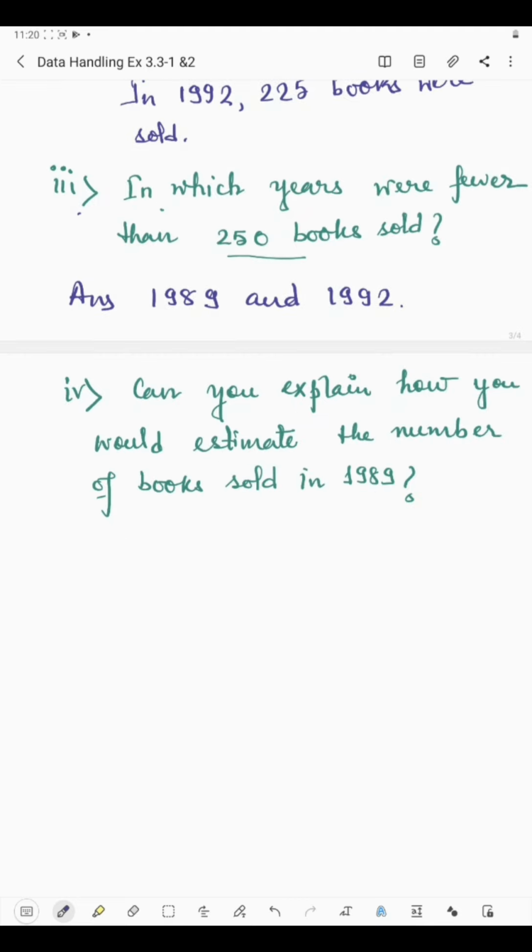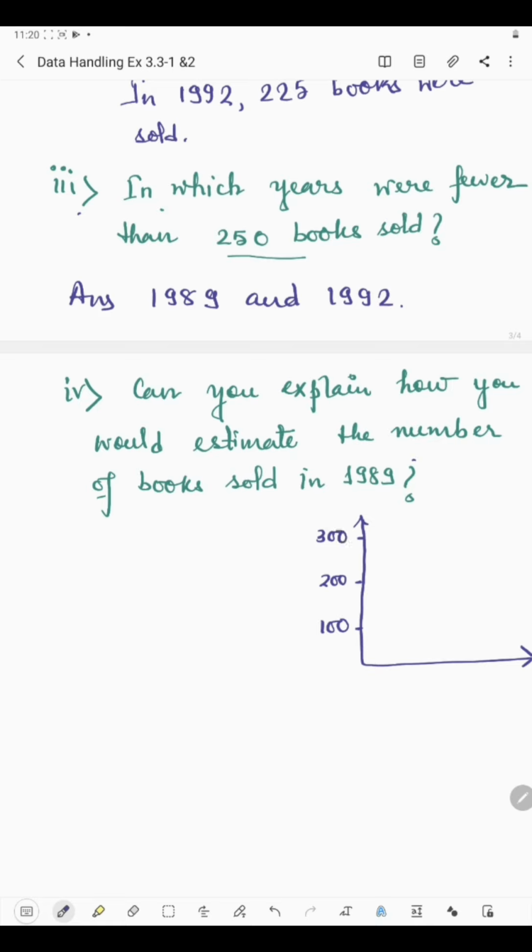Now coming to the last part, can you explain how you estimate the number of books sold in 1989? This we have already explained. When we have two axes, a horizontal axis and a vertical axis, and the scale shows 1 centimeter equals 100 books, or 1 unit equals 100 books, then 2 units show 200 books and 3 units show 300 books.